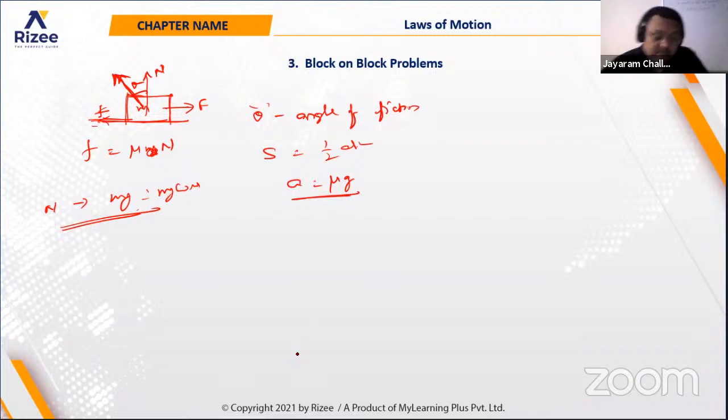Fine. So next, there are three types of friction that we know: kinetic friction, static friction, and rolling friction. First, I will be going for kinetic friction, since it will have more opposing effect. Static friction is equal to mu s into mg.